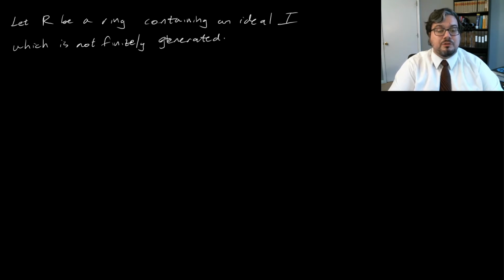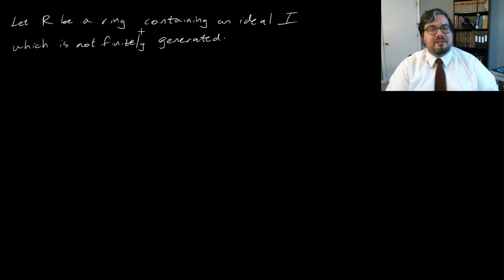We're going to prove that R is not Noetherian by demonstrating a chain of ideals which never stabilizes.